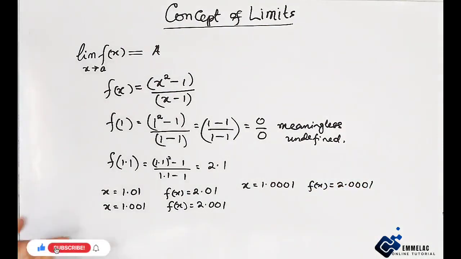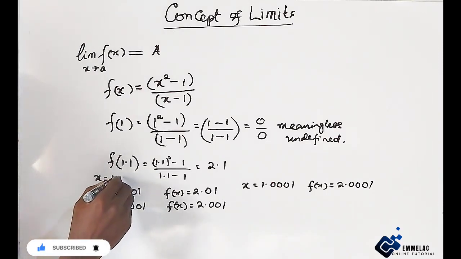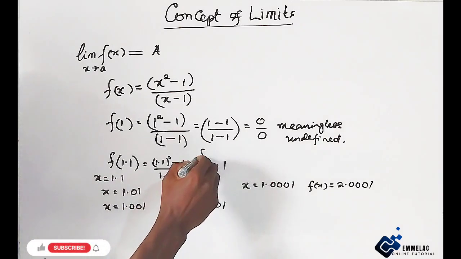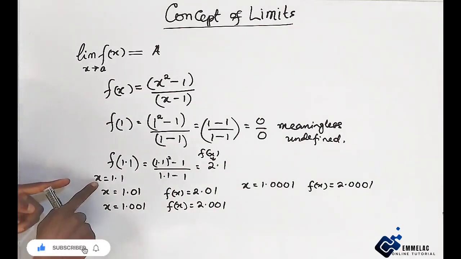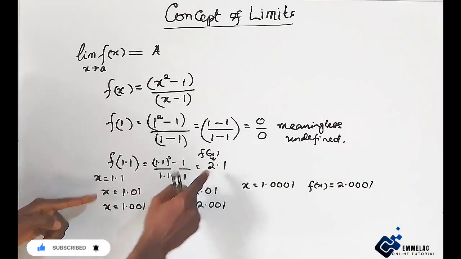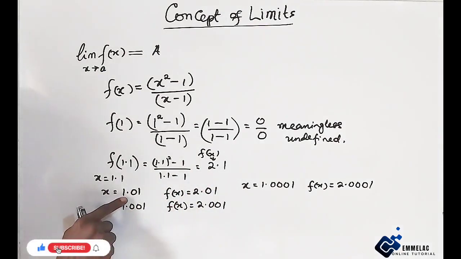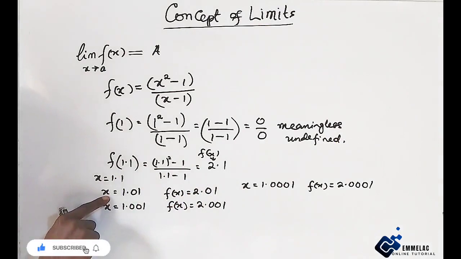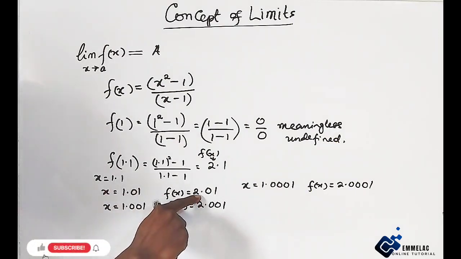Now if you look at this progression, you can see that when x equals 1.1, f of x is 2.1. You can see that an introduction of x moving closer to 1 now gives the function of x moving closer to 2.